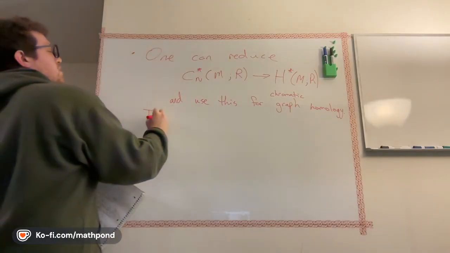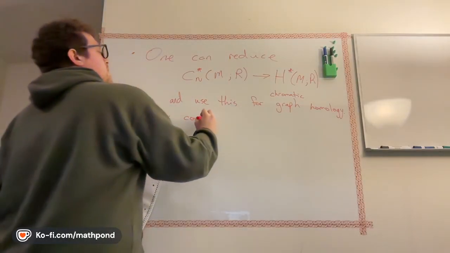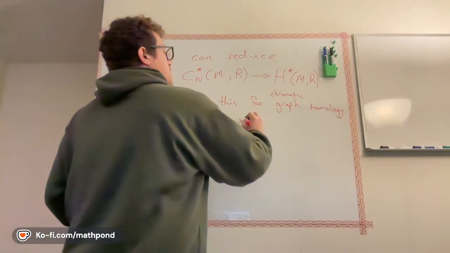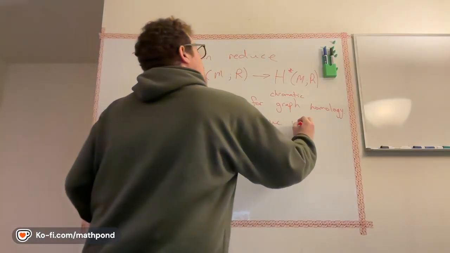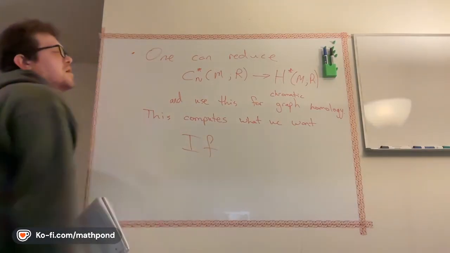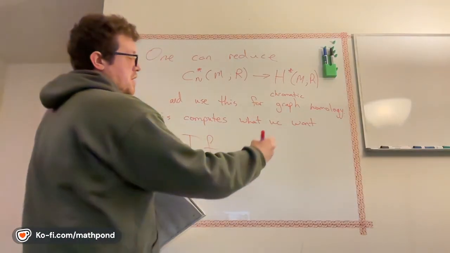And this computes what we want, which is this configuration space homology. And then the big if: it computes what we want if we add in these higher correction terms.